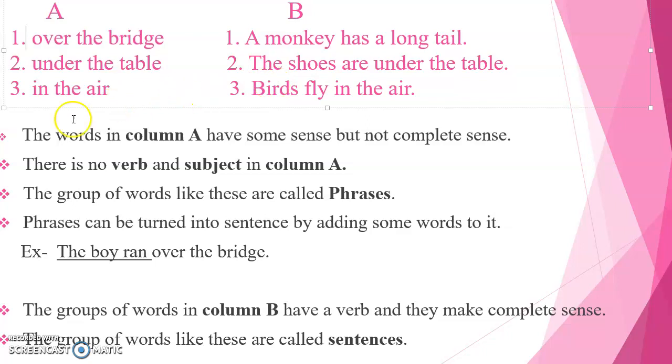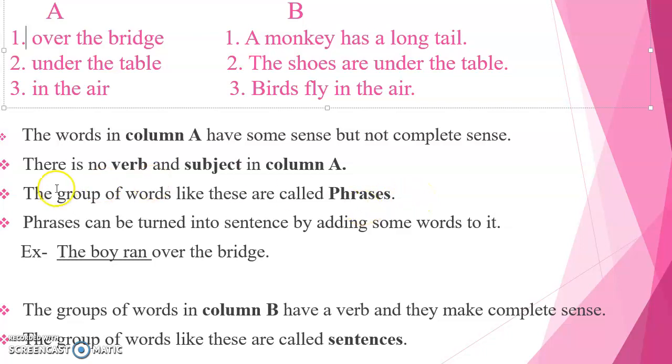Now we can say that the words in column A have some sense but not complete sense. There is no verb and subject in column A. The groups of words like these are called phrases.